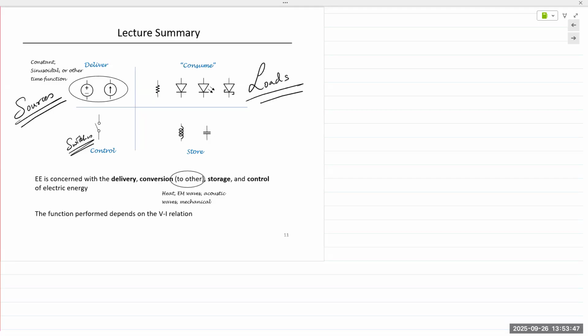They first behave like a load, and then they can behave like a source, but not constantly. They can only behave like a source for a small instant in time. So technically, they are not sources. The exception, I would say, are rechargeable batteries.